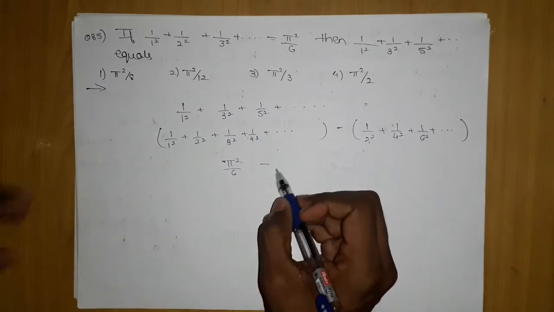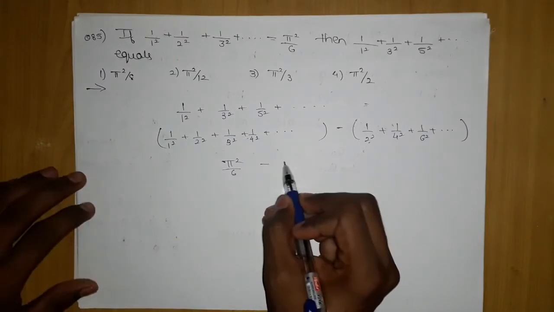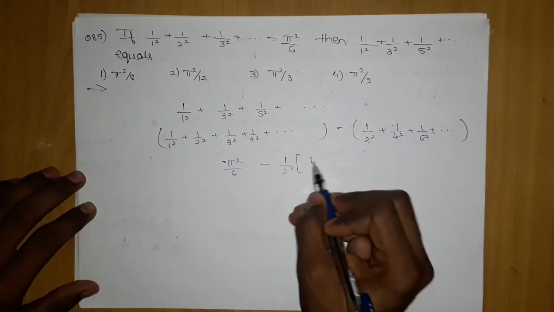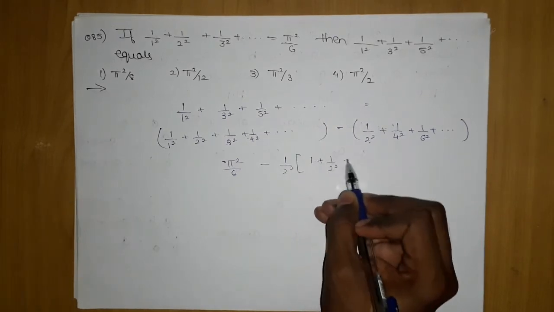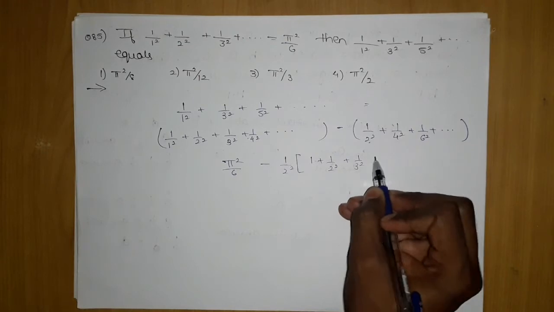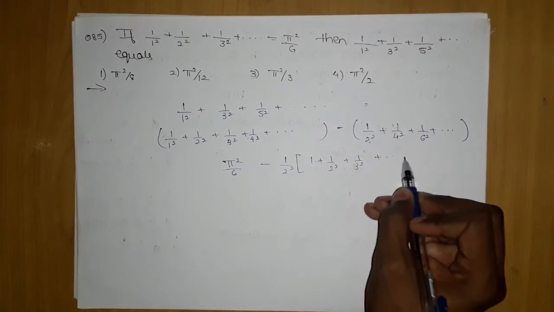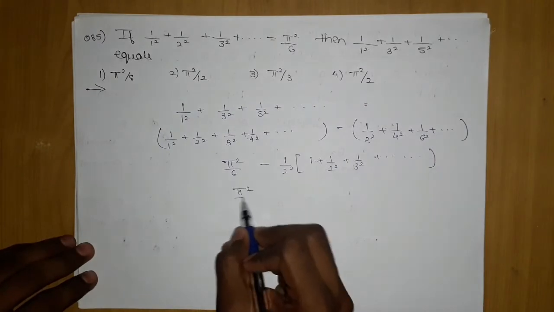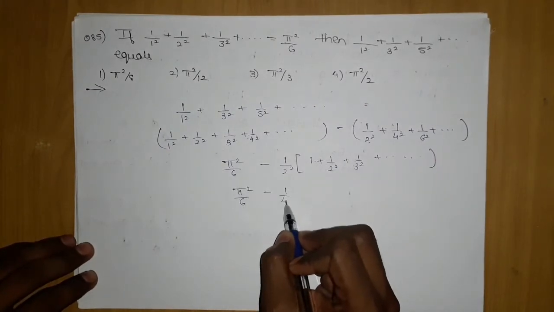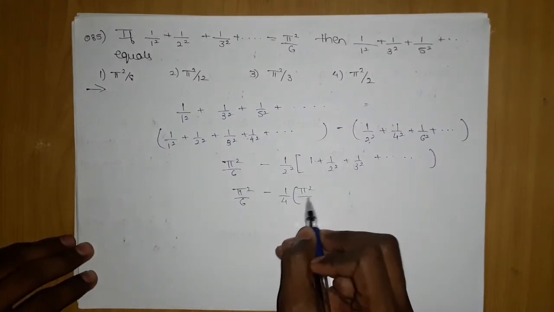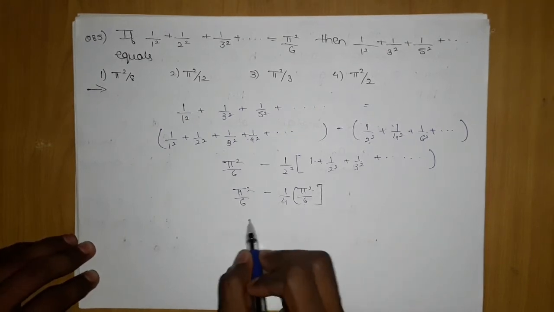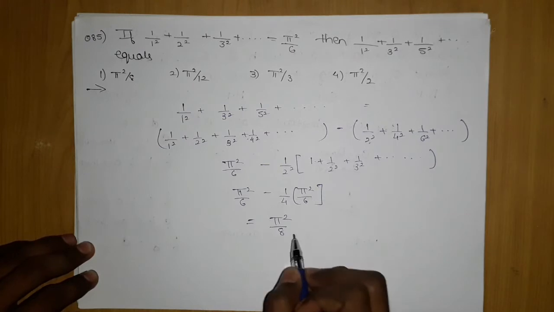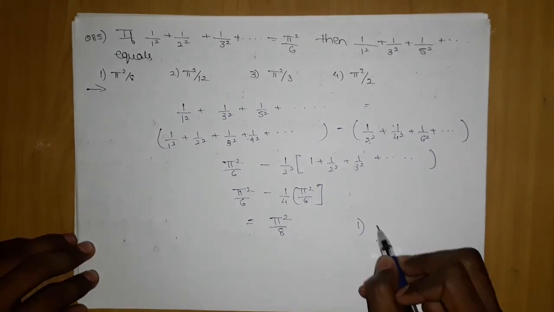Then, to make it 1 square, this was a very common step we used to do: 2 square plus 3 square and so on will again form this thing here only. So this is pi square by 6 minus 1 by 4 of pi square by 6, which gives me nothing but pi square by 8. So this is our answer, which is the first option.